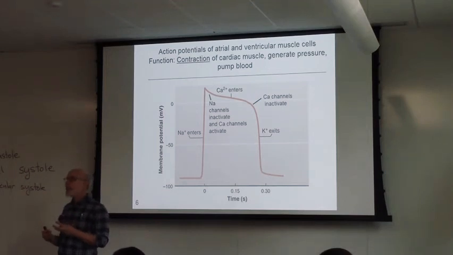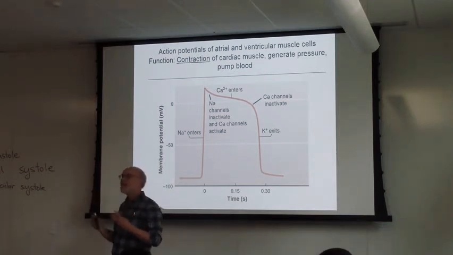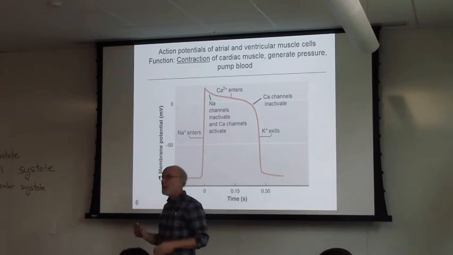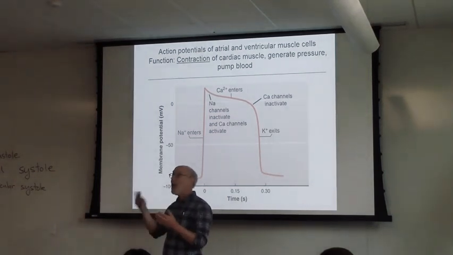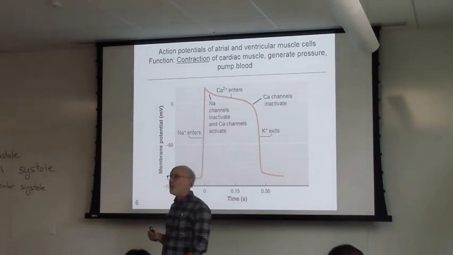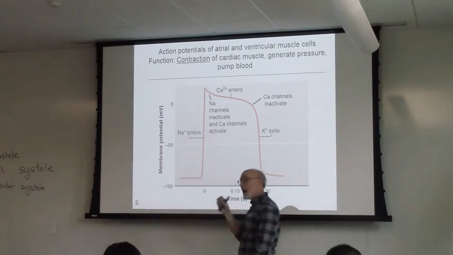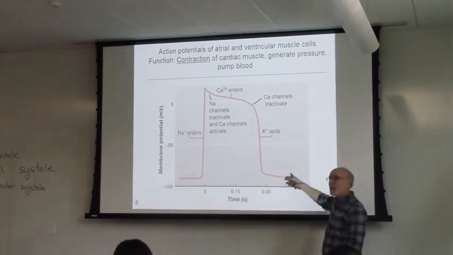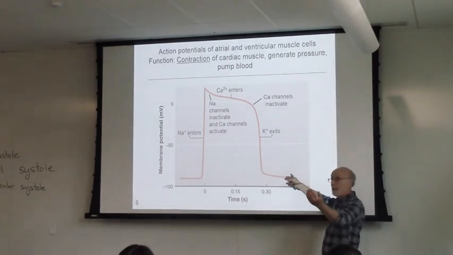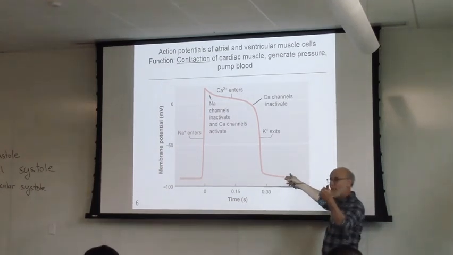So the NCX is what's called electrogenic. It senses the electric field because every time it pumps calcium out, a charge is moving inward. Bottom line, when the membrane potential is polarized, NCX allows sodium to flow down its concentration gradient and pumps calcium out.